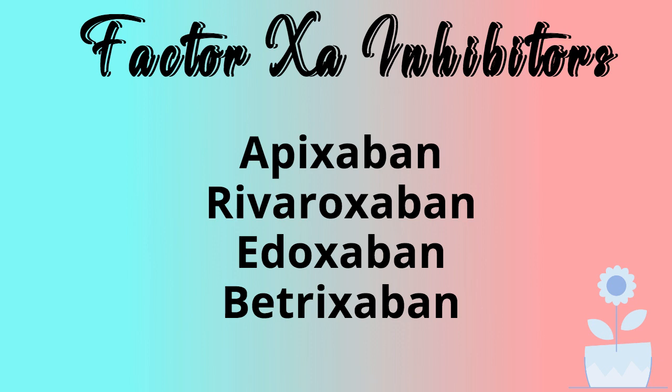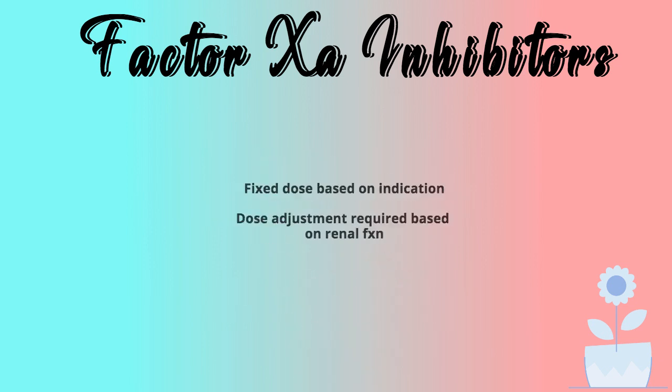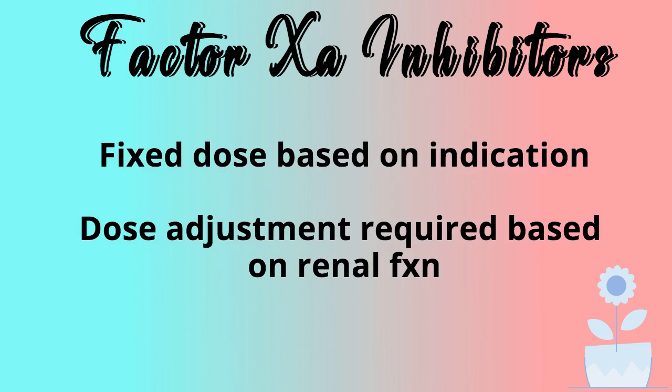So I will talk about all of these agents specifically, but first off, I wanted to start off with important things to know regarding the factor Xa inhibitors as a class. So they all have the fixed dose that I talked about earlier, and that varies based on the indication. And the dose is also based on the renal function.